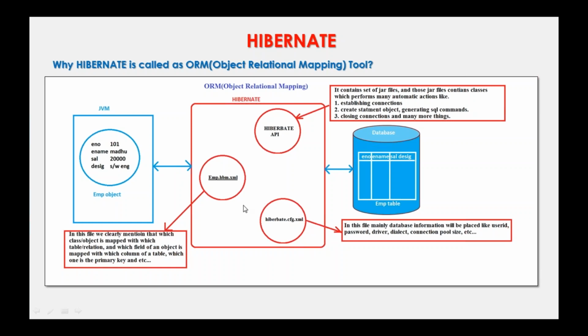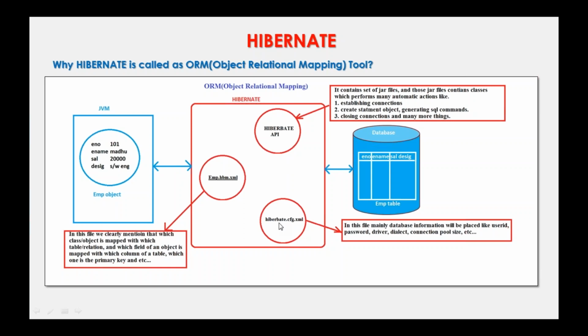This Hibernate configuration file contains information like user ID, password, driver, to which database it has to connect. Is it MySQL or Oracle? How many connection objects do you have to create? Actually, Hibernate will create a set of objects at a time, 5 or 10 or like that.